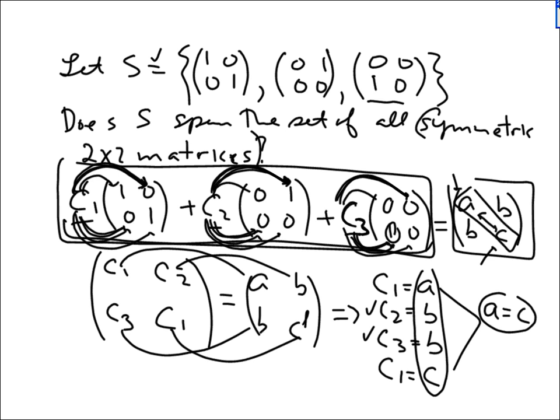Sorry, A and C are the same. So it's not any old 2 by 2 symmetric matrix. You know, we can't get 1, 3, 3, 4. Why? From these 3 matrices. Why? Because for those 3 matrices to get symmetric, those 2 entries that I just boxed have to be the same. So the answer is no.